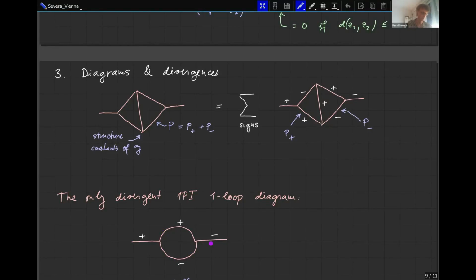Now, why is this particular statement true? It's some kind of simple scaling argument: if there are more than two leaves, then those integrals will converge. So we can only have two external things.